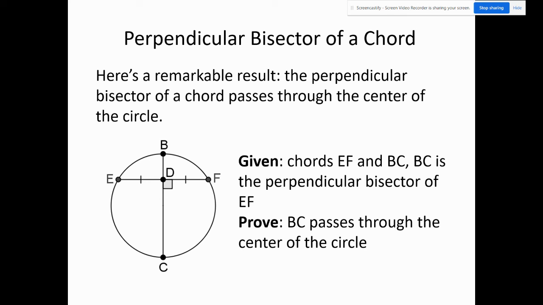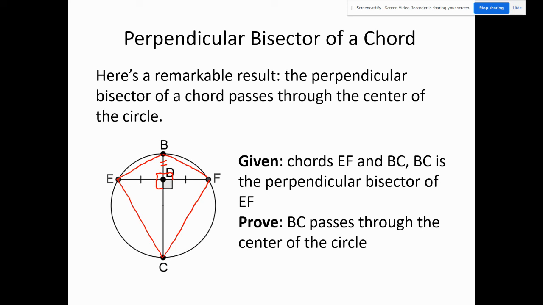Now as for how this actually gets proven, well, there's more than one way to do this. I showed in my other class an indirect proof. We can talk about a direct proof if you like. Okay, so let's think about the triangles that are present here. If one looks at triangles EBD and FBD, they're congruent for sure, right?